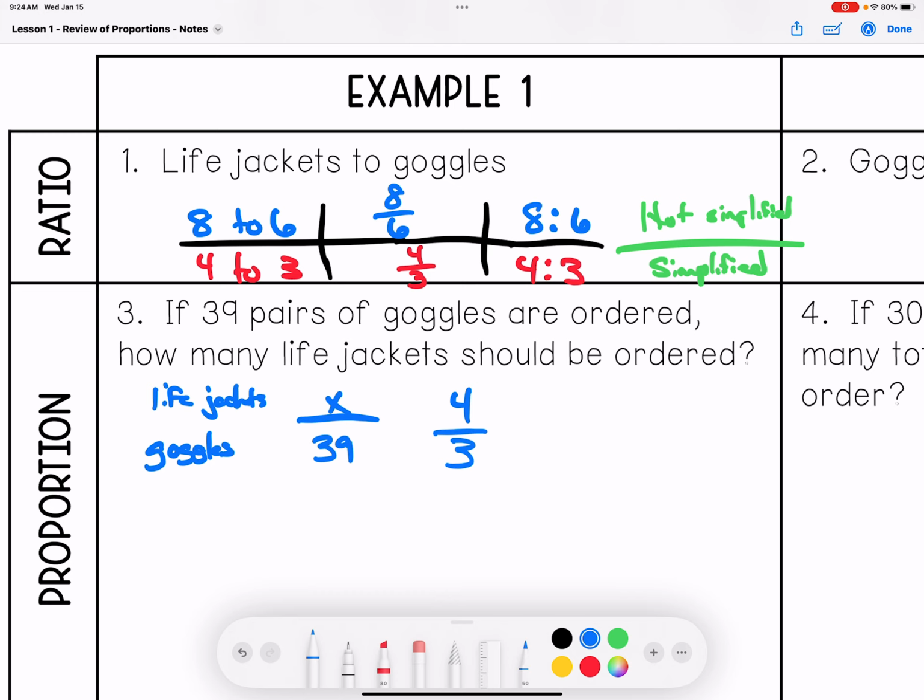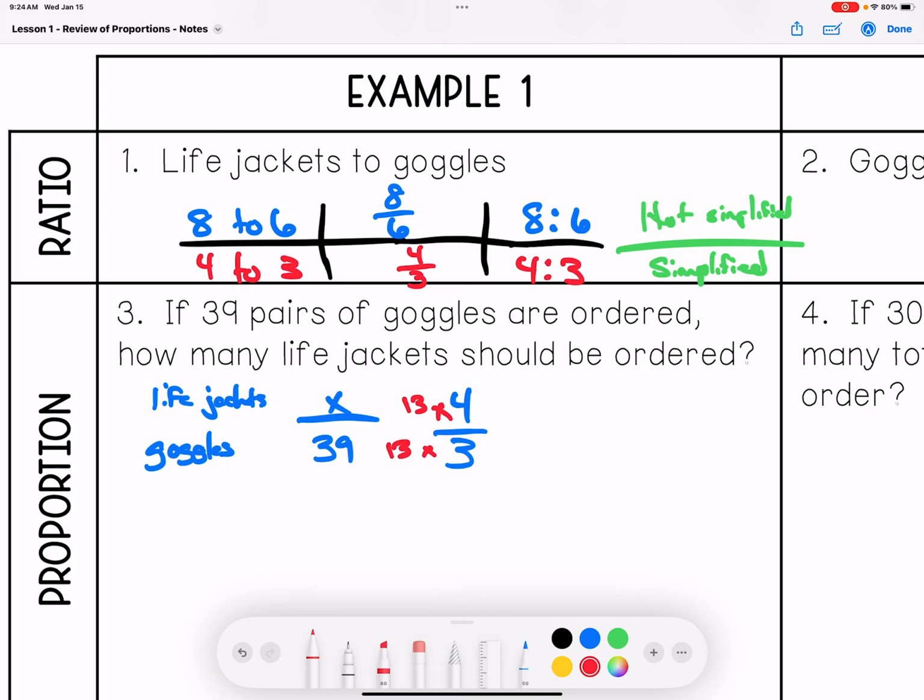Now, there's 2 ways to do that. Number 1, you could do the butterfly, and we'll go over that in just a second. Or you could look at this 3 right here, and how many times will that go into 39? It'll go in there 13 times. So you went 3 times 13 to get 39, so you're going to do the same exact thing to the top.